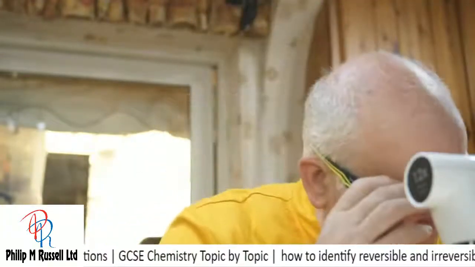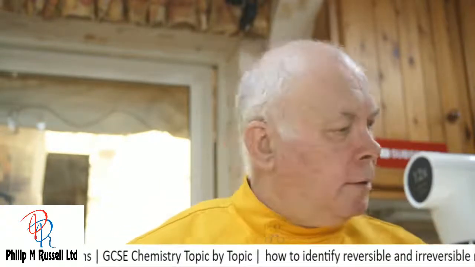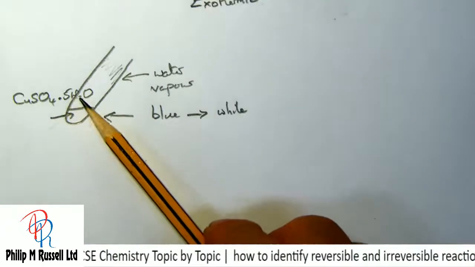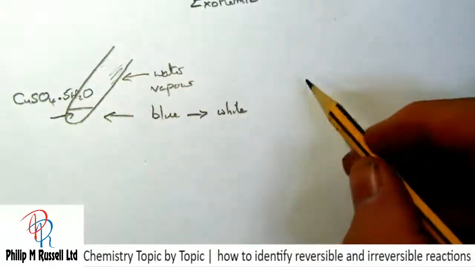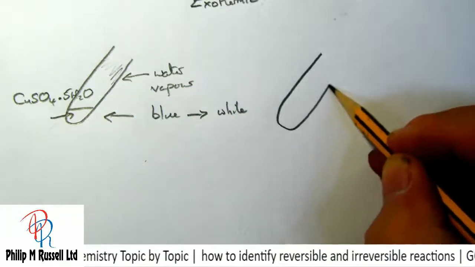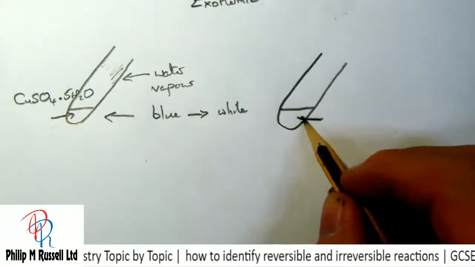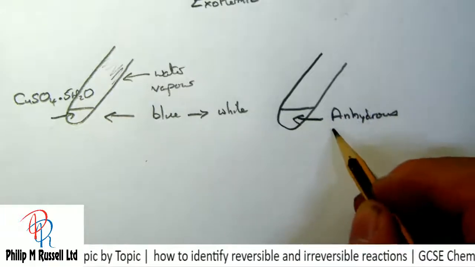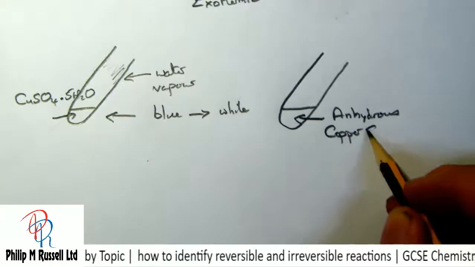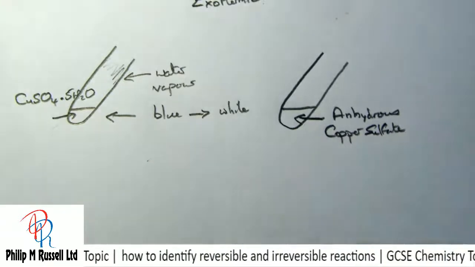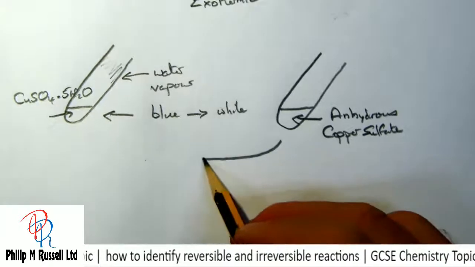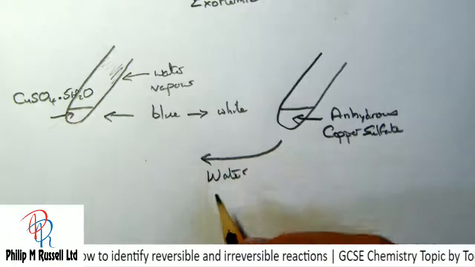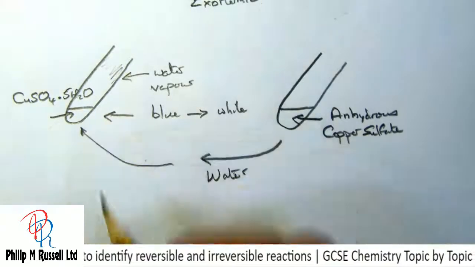So we've looked at here another experiment. So we took the copper sulfate with 5 waters, we drove the water off, and then this gave us at the bottom anhydrous copper sulfate. And then if we add water to that, then we end up with what we started with.